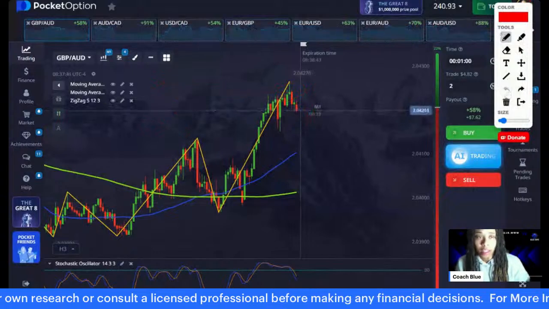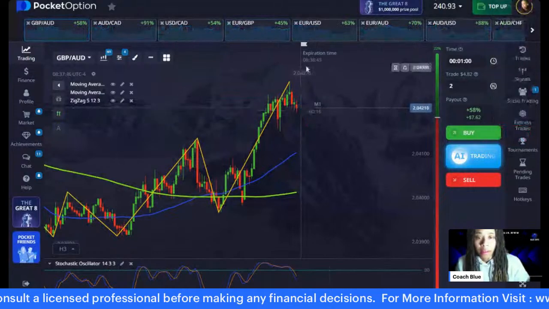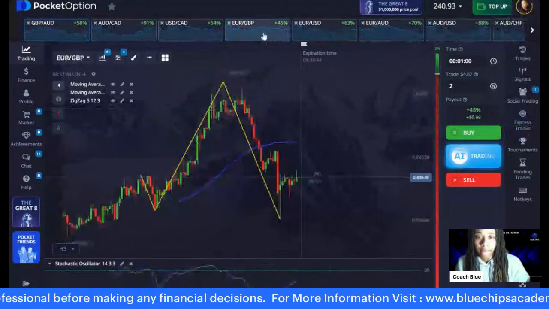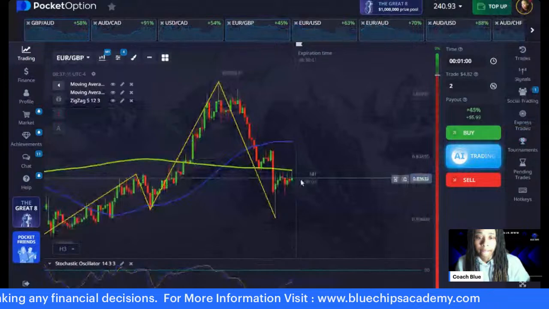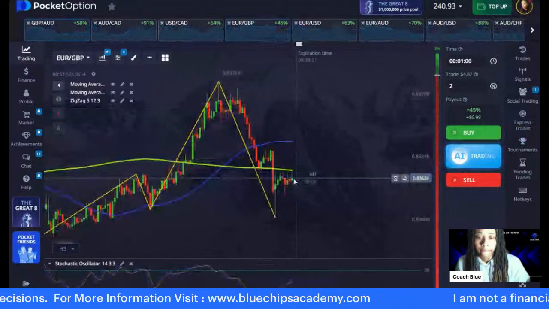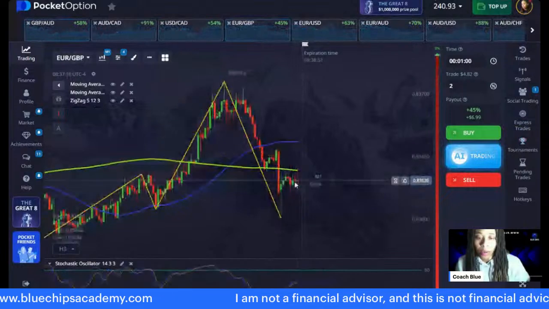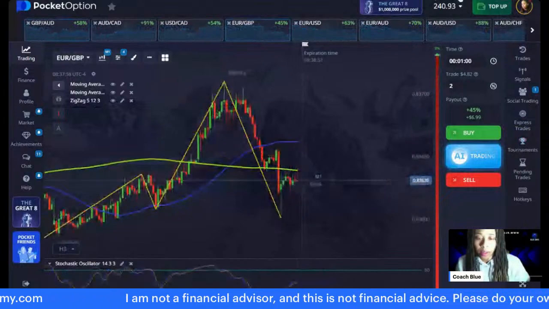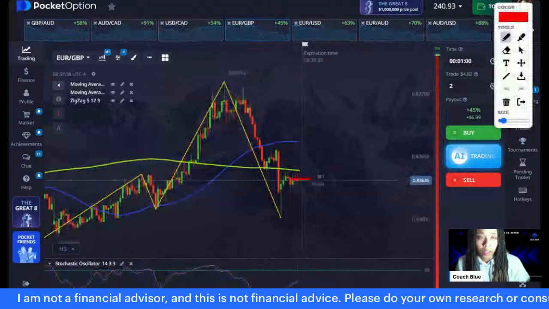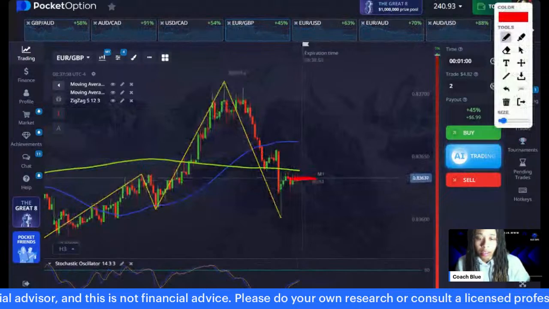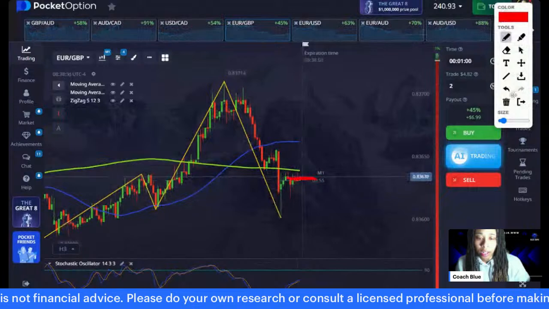But let's go look and see how that played out. Okay, you probably would have just made it, depending on where you entered. That would have been a close one, because the alert came in here. So depending on how long it took you to enter and where you entered, let's see how this candle closed.